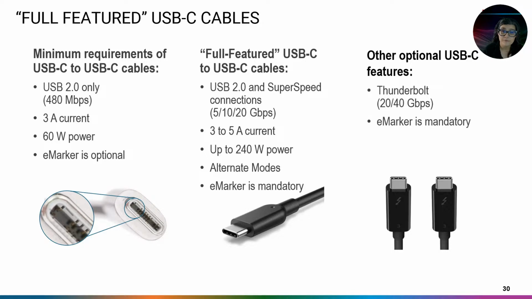Some optional features that a USB-C may have is going to be the ability to do Thunderbolt or USB 4, which is going to give you up to 40 gigabits per second, and that one, an E-marker, is mandatory as well.